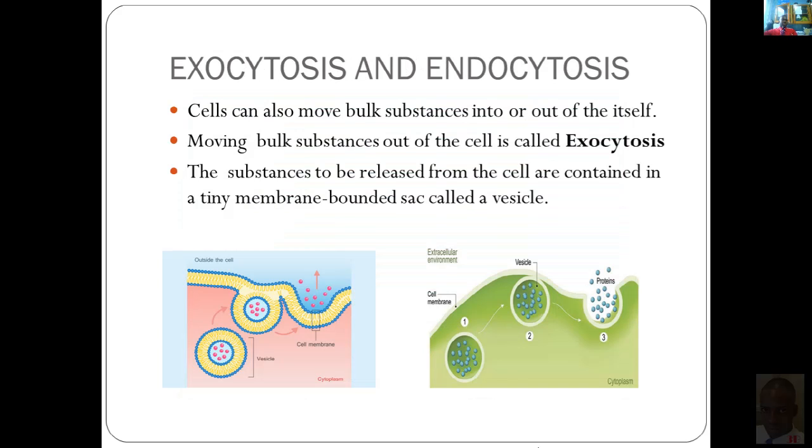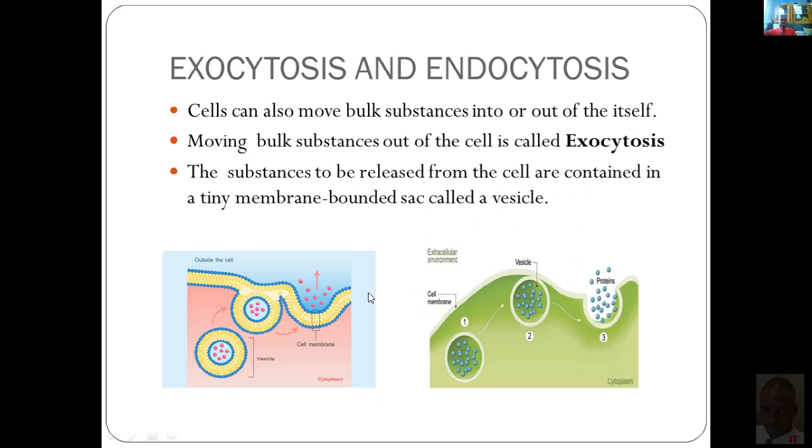Now, exocytosis and endocytosis is basically the bulk movement of molecules. So cells can also move bulk substances into or out of themselves. Moving bulk substances out of the cell is called exocytosis, and the substances to be released from the cell are contained in tiny membrane-bounded sacs called vesicles.